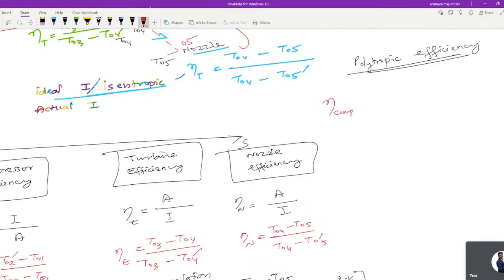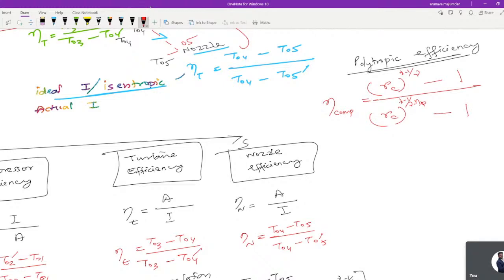For eta of the compressor, it's for the isentropic process, isentropic efficiency. So RC power gamma minus 1 by gamma minus 1, over RC gamma minus 1 by gamma into eta P, minus 1. Eta P here means the polytropic process. It's in the denominator.